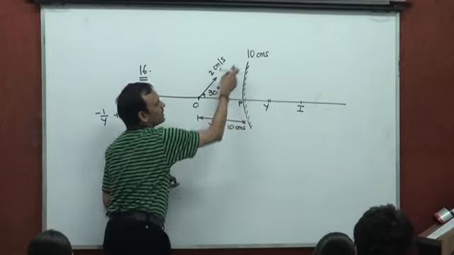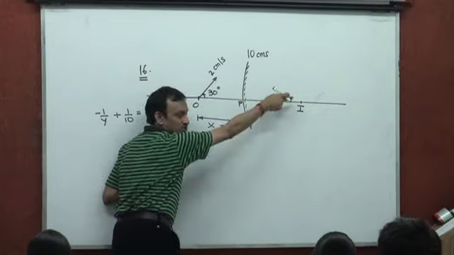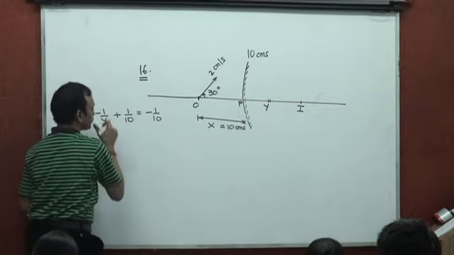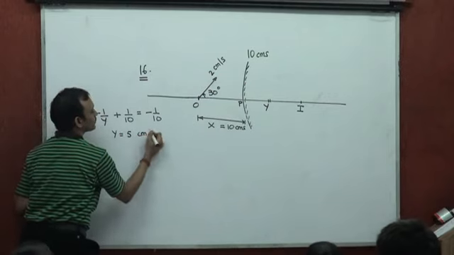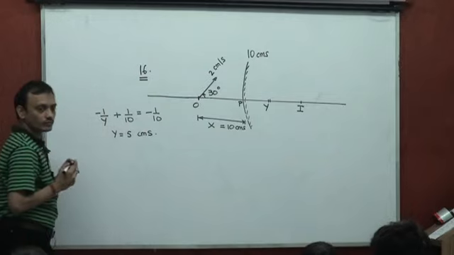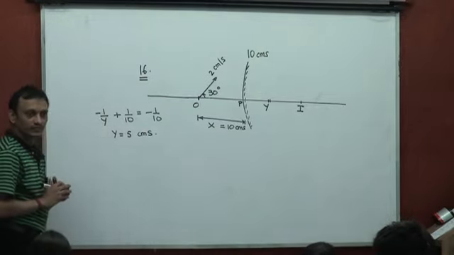It's minus 1 by 10 because the focus lies in the other direction. So y then turns out to be 5 centimeters.